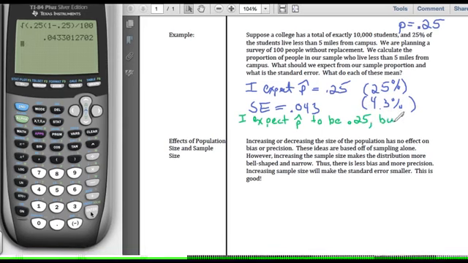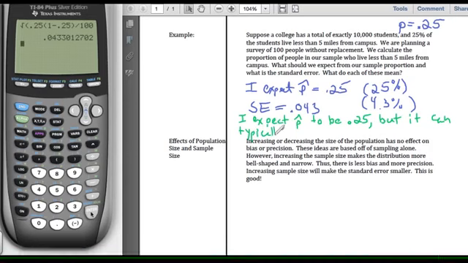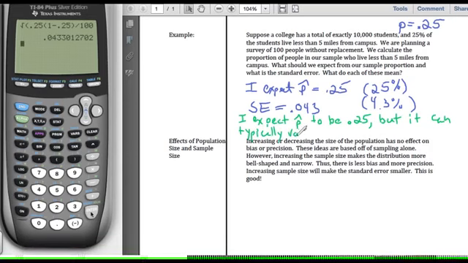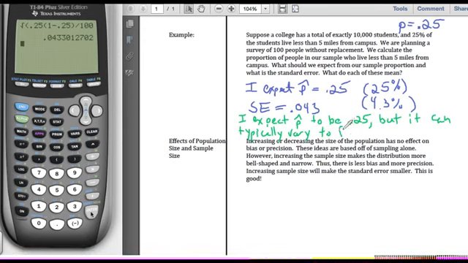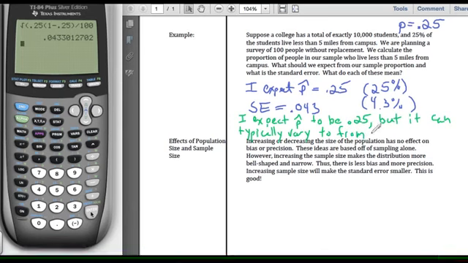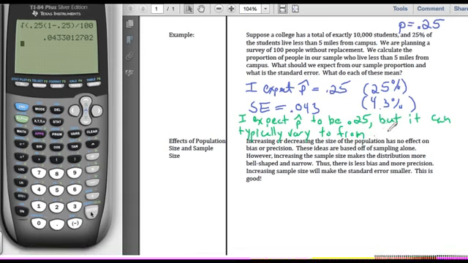But it can typically vary from 0.207 to 0.293.